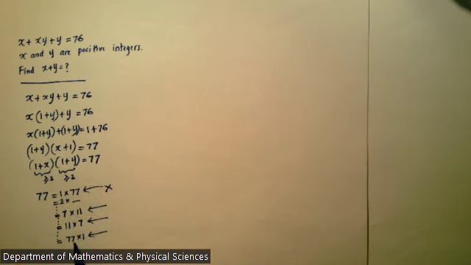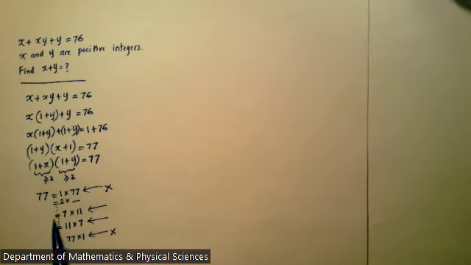Same here, we need 1 plus x and 1 plus y to be greater than or equal to 2, but here again we have 1, which is not greater than or equal to 2. So it cannot be 1 plus x or 1 plus y, this. Therefore, that factor won't work.